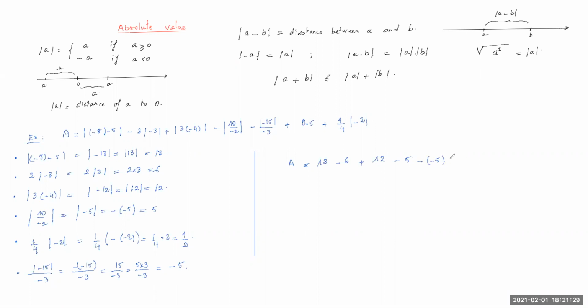Then plus 0.5, and the last quantity is 0.5. Let's see if we can simplify. I have here 7, plus 7, plus 5, and plus 1. So it's 14 plus 6, which is 20.